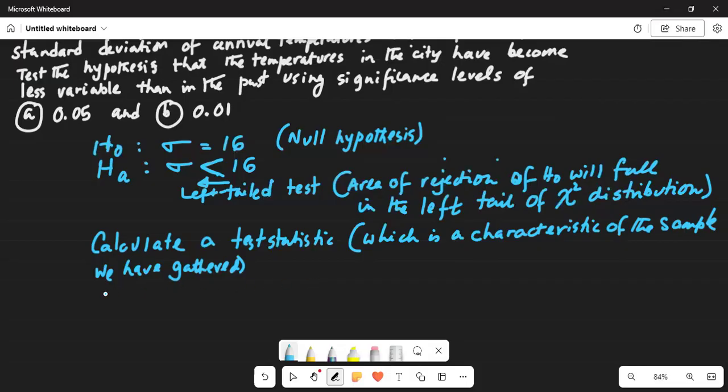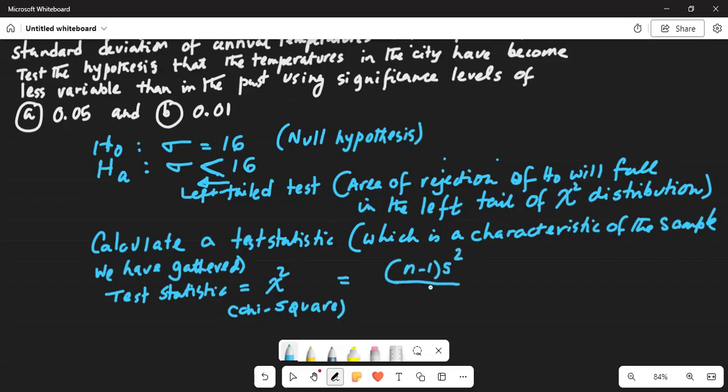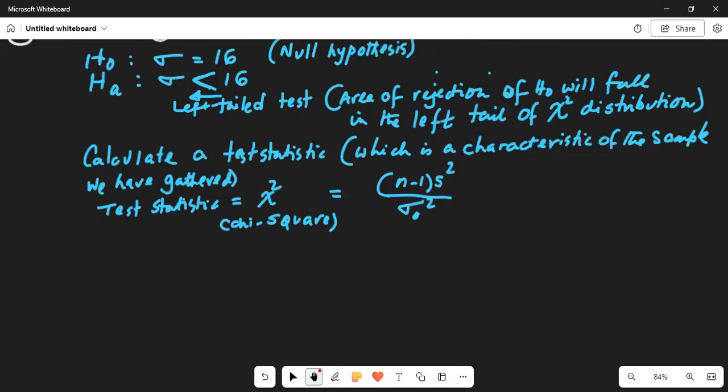Okay. The test statistic here is chi-square. Although written as chi square, it is not chi, it is chi-square. And the formula for that in this case is n minus 1 times s square divided by sigma 0 square. Let me explain what each of these terms means.